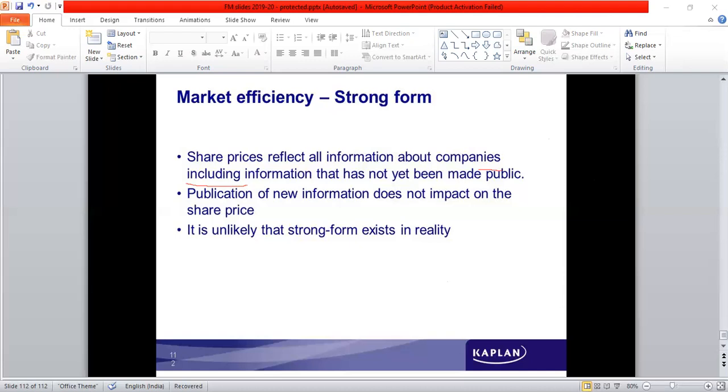There are three different types of markets. All of them are categorized based on whether the information is available or not. If the information is available, then investors can take better decisions based on the information that is available to them. I hope that's clear.